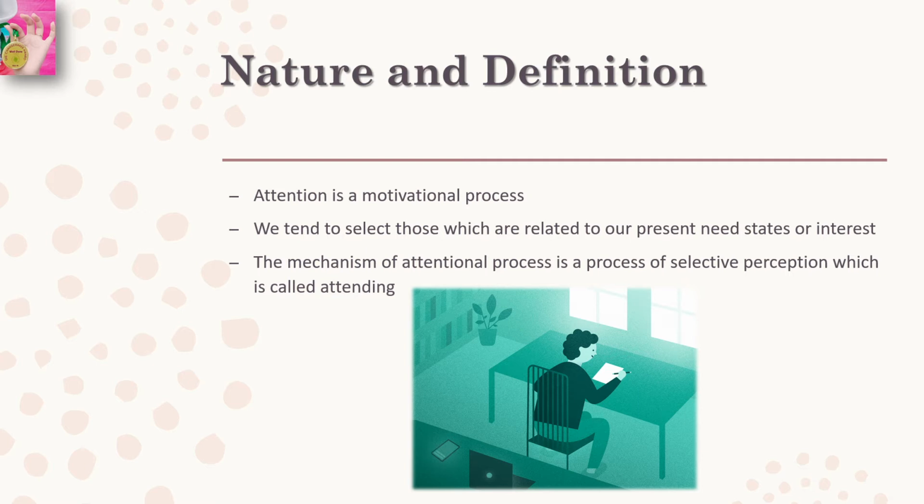Attention is a motivational process, and out of the wide range of stimuli which are within physiological range, we tend to select only those which are related to our present need states or interests. For example, when an individual is deeply motivated to study and is deeply involved in study, he is not aware of the other things placed on his reading table or the stimuli around him in the reading room.